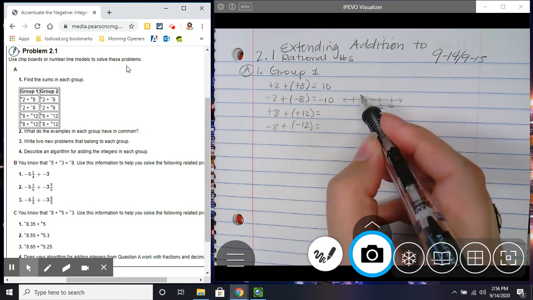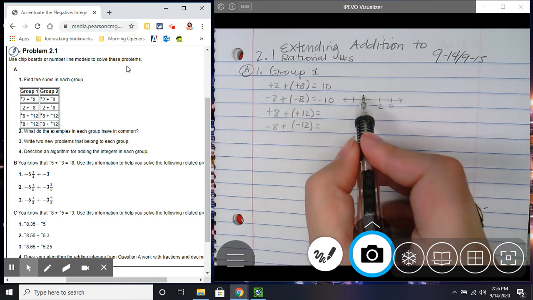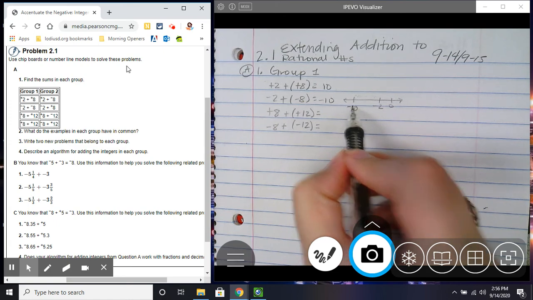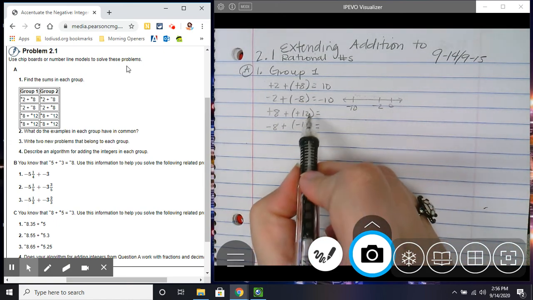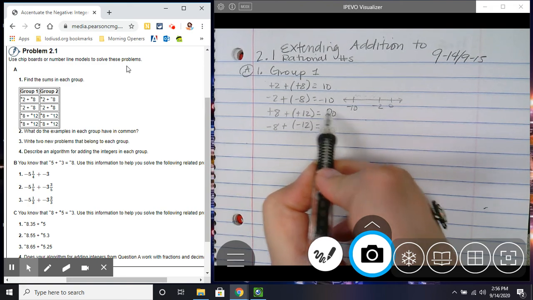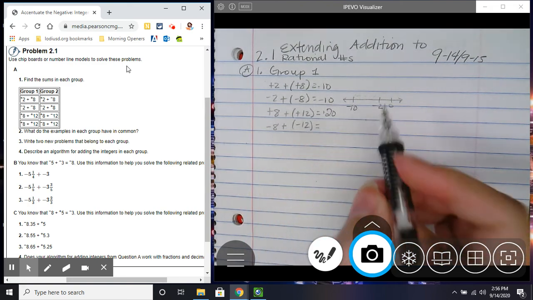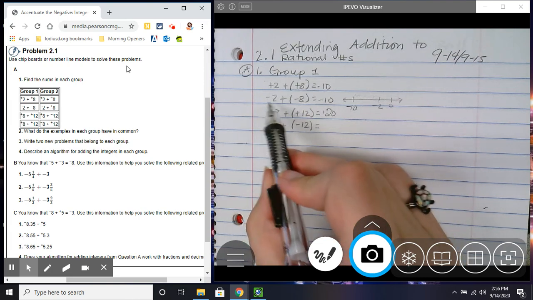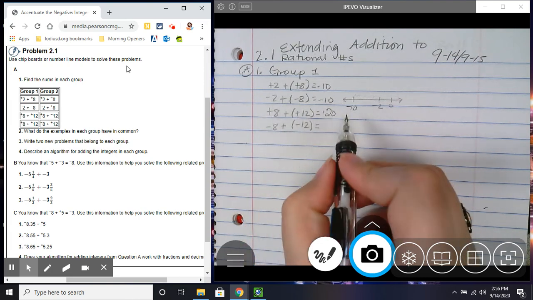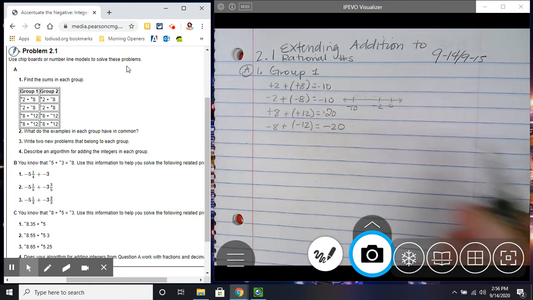So you're going to be going backwards 8 bunny hops, which is going to make you end up at -10. This one is +20. I keep forgetting that part. And then this one, because it's exactly the same situation as up here, I know is going to be -20.